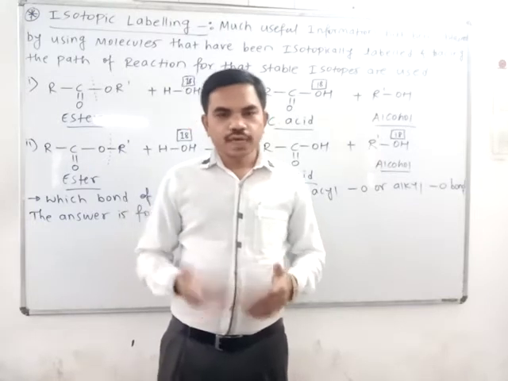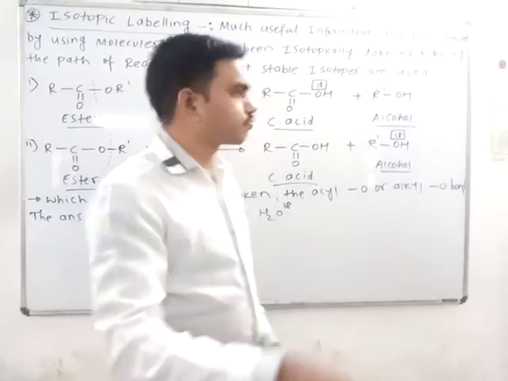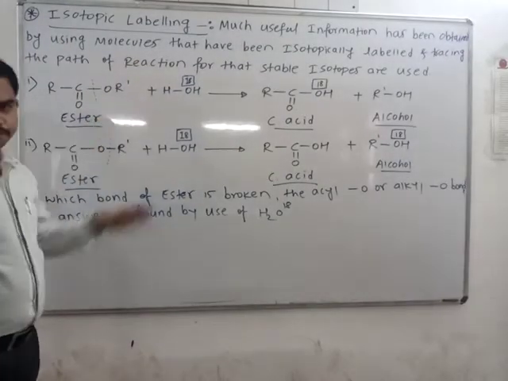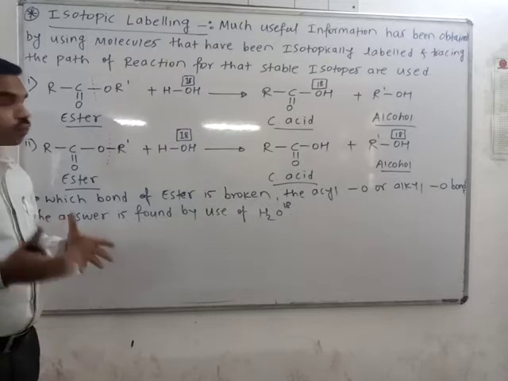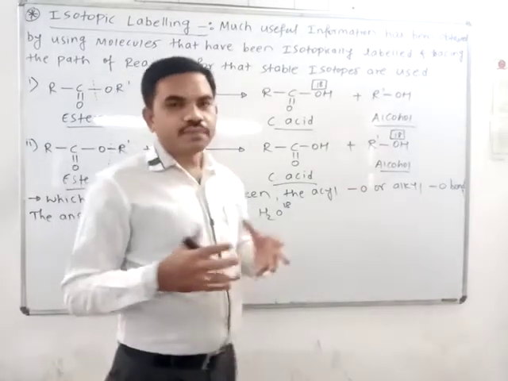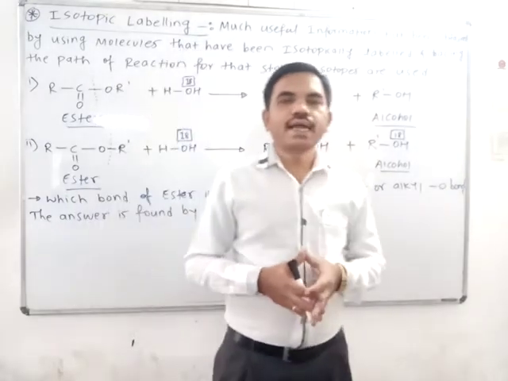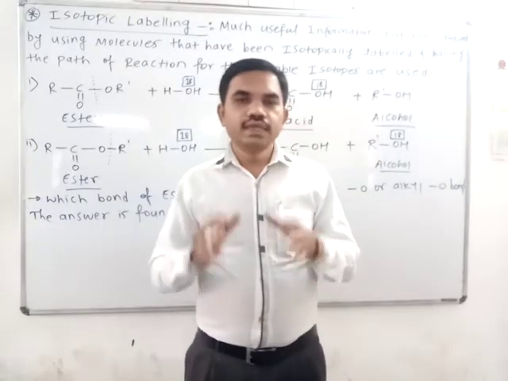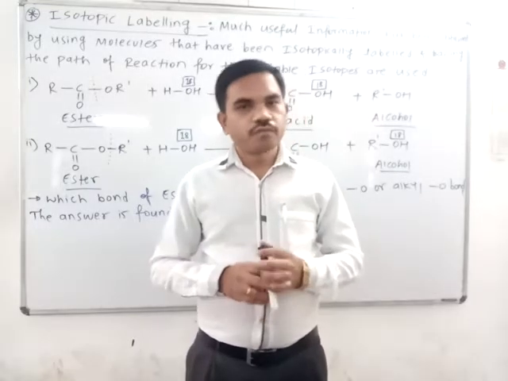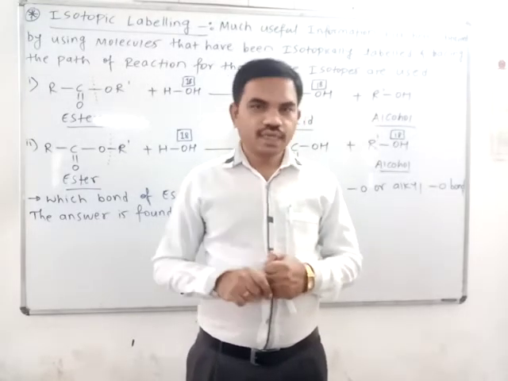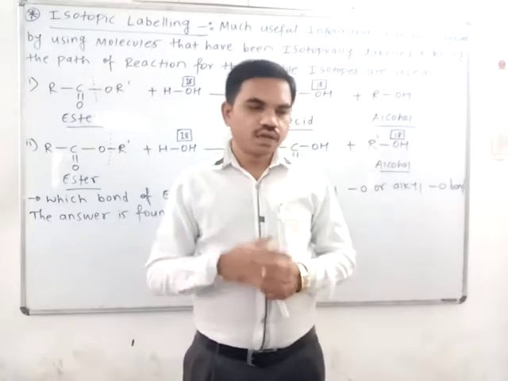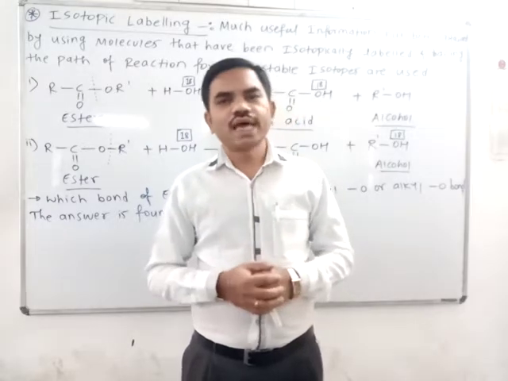Okay, so here the next point is isotopic labeling. So what is this method, isotopic labeling, and why is this method used? For determining the reaction mechanism, a number of methods are used.